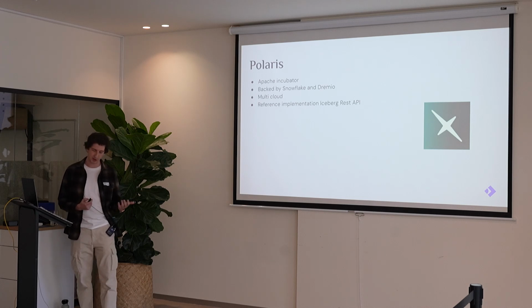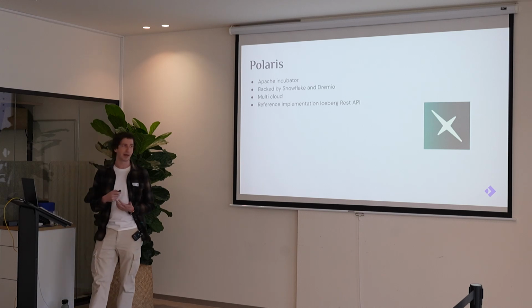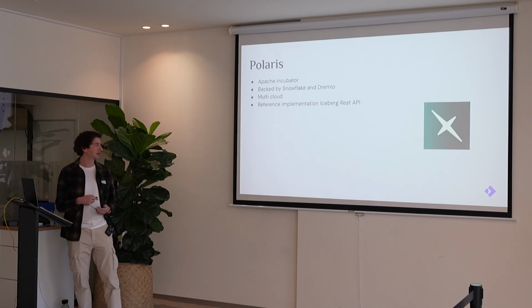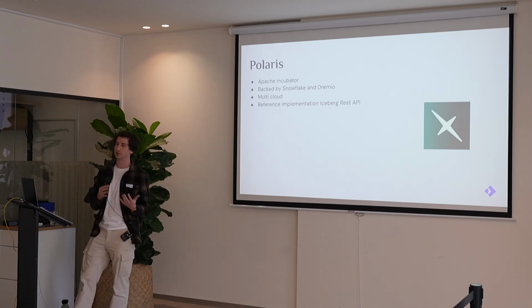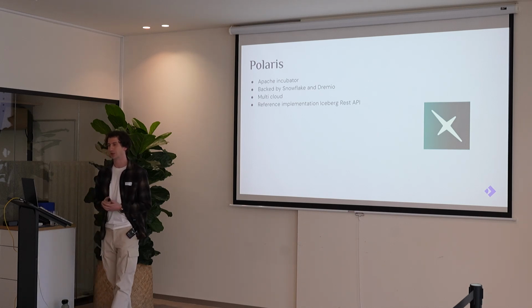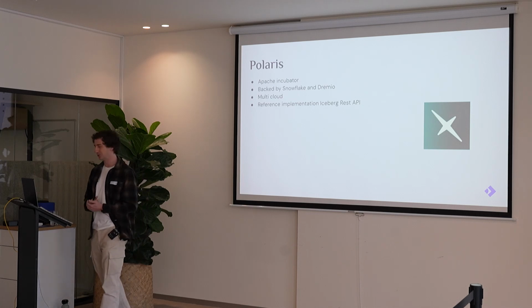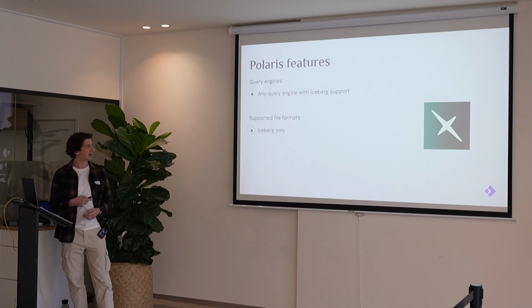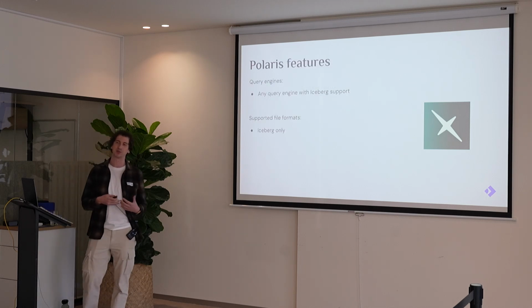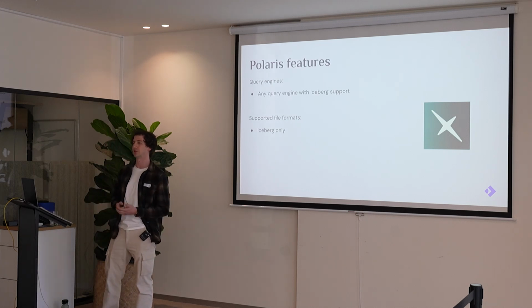And Polaris is an Apache project. It's also multi-cloud. And it is actually an implementation of the Iceberg REST API. I will not go into detail about what this means because it's a very deep technical thing and I only have 50 minutes to talk about this. But this means, as a good thing, that any query engine that supports Iceberg integrates already with Polaris because they implement just the specification of Iceberg.